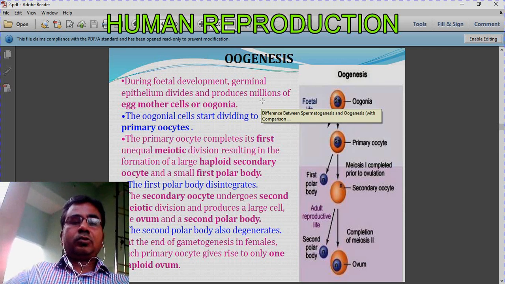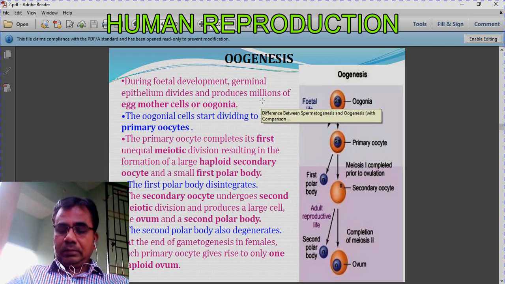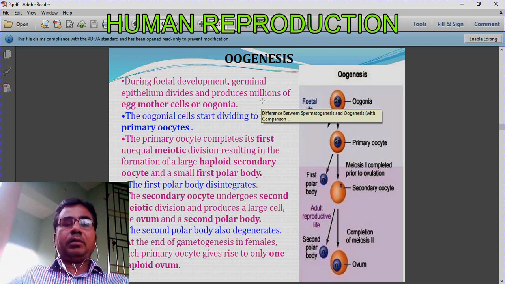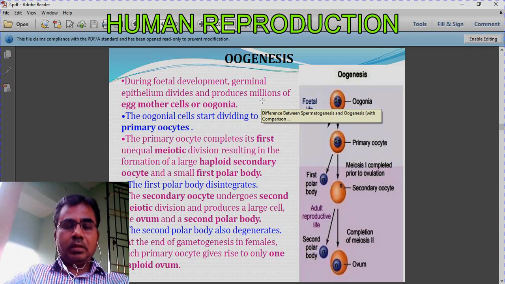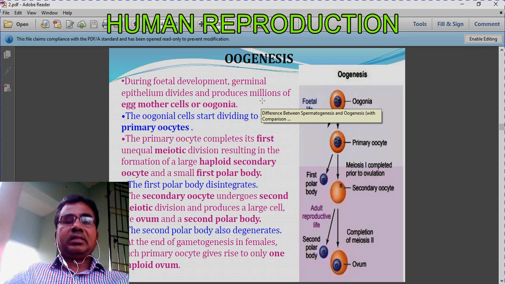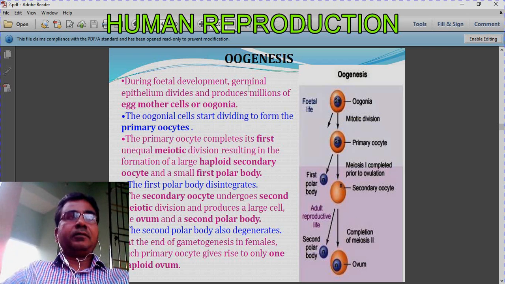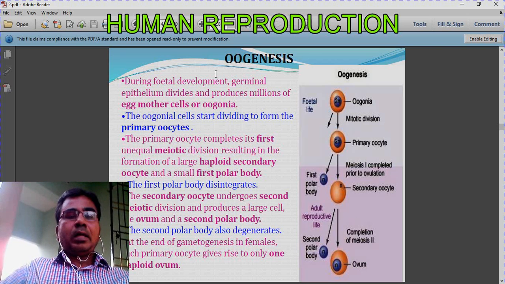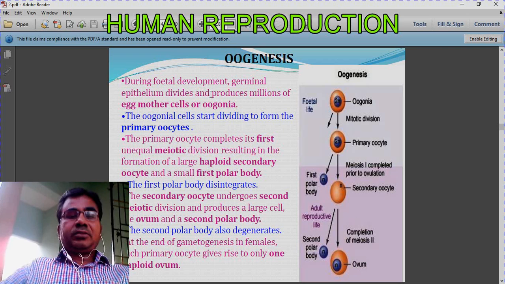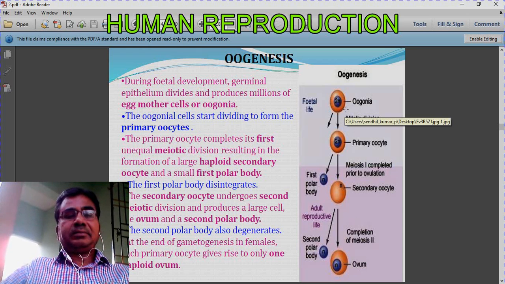And the next process, oogenesis. Oogenesis is the process of development of the ovum. Spermatogenesis is already over, that is the process of production of sperm, so oogenesis is the process of production of ovum. First, oogonia cells, otherwise called egg mother cells, develop from the fetus itself.